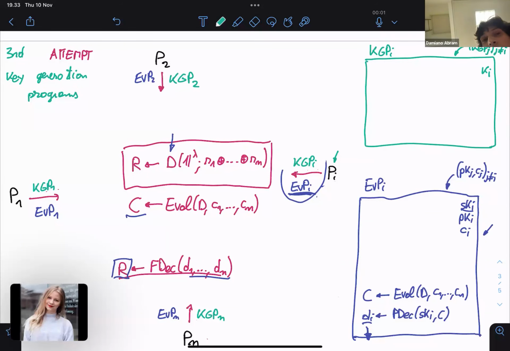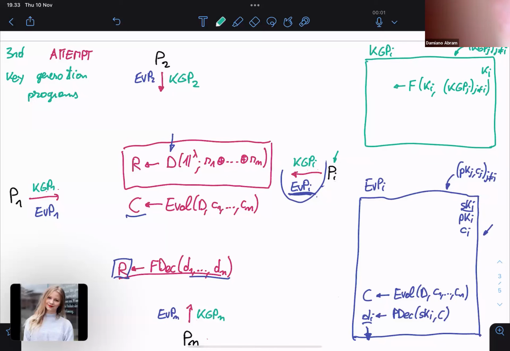We will deal with it later. The first operation performed by this program is to feed the inputs into a puncturable PRF. So the key will be Ki, and the input KGPj, j different from i.